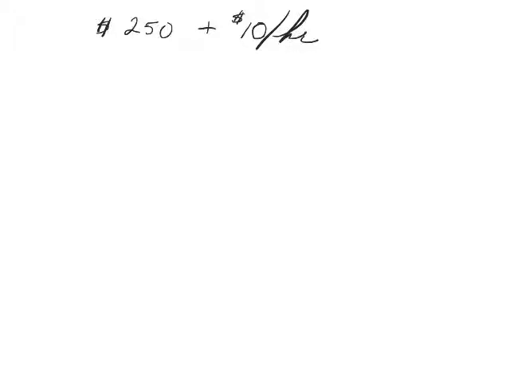So she's handed $250 just for painting it, and then she gets $10 an hour. Or she can just get paid $20 per hour. Okay, so she has a choice there. And she's like, okay, let's see, which one am I going to do that's going to pay the most money? Well, it all depends on how long it takes her to paint the house.